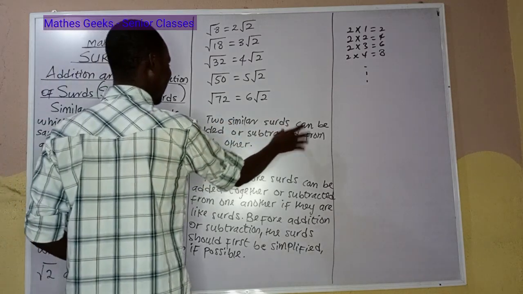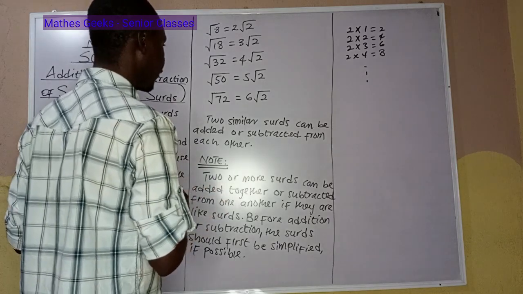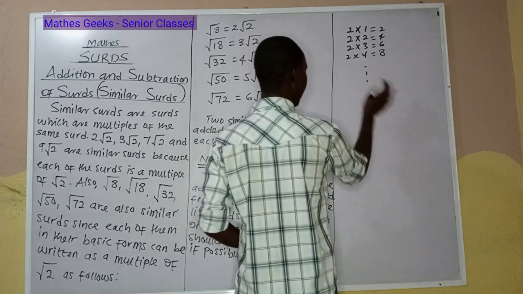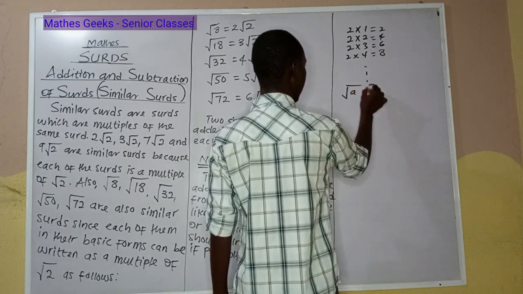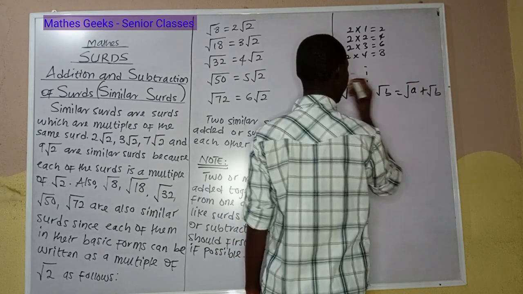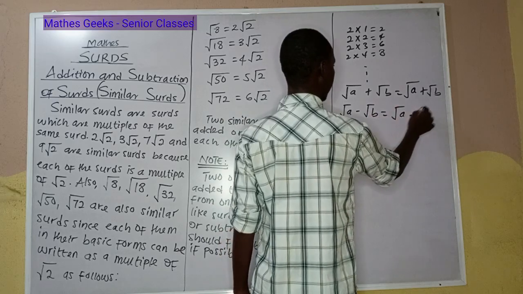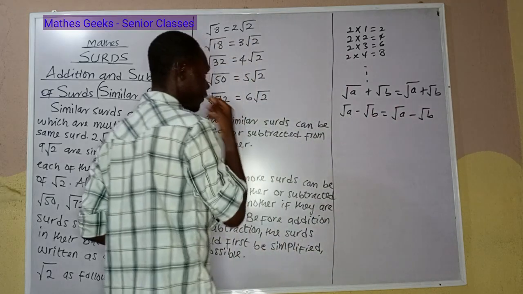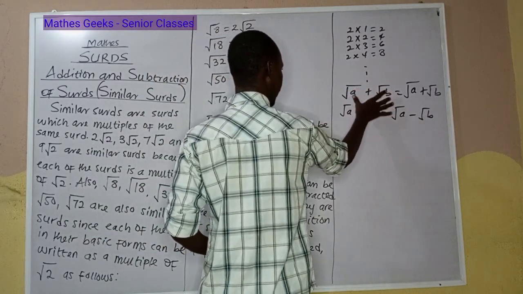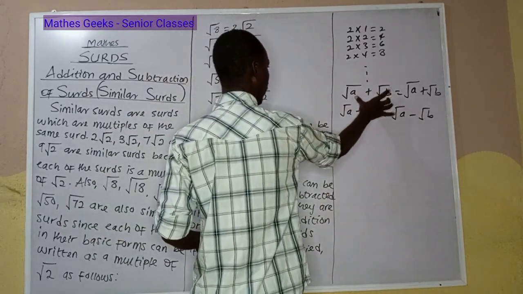So two similar surds can be added or subtracted from each other. In the first lesson under surds, we looked at the rules of surds, where I said root A plus root B will simply be equal to root A plus root B. Same way, root A minus root B is simply equal to root A minus root B. The reason is that once the surds are not the same, the letters, here we are using letters, but when we start calculating, we are going to be using figures or numbers.